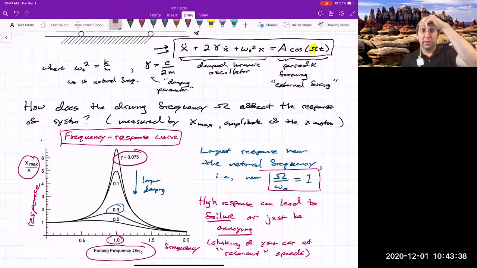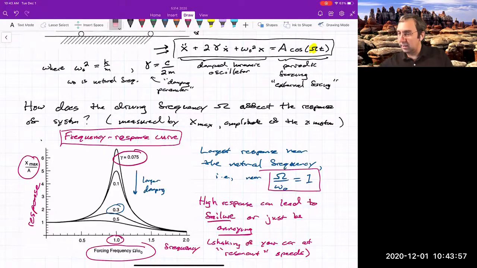If I move it at very low frequencies, again, I'm not stirring up oscillation. But if I do it right at that natural frequency, my hand's not moving very much, so the amplitude's low, but I'm getting a large response. Frequency response curves in the palm of your hand. All right, so that is it.